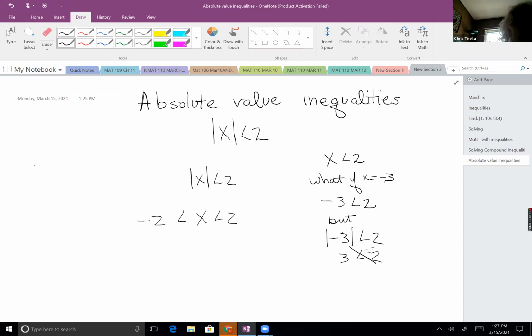It's kind of like that idea that we had said absolute value is like the distance from the origin. And so if I say that my distance is less than 2, I can go 2 on one side, and I can go 2 on the other side. And so that would take me from -2 to 2.